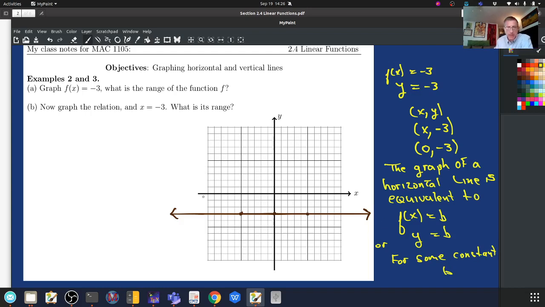So what is the range of a function? So let's review the domain and the range of functions. So here's my function. This is f of x is equal to minus 3. So here is how we find the domain. The domain deals with the x values.